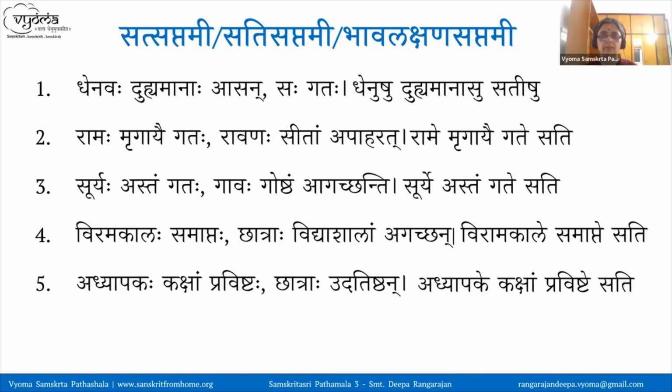Agachan, went to school. Yes. Adhyapakaha kaksham pravishtaha, chatraha udatishtan. When the teacher entered the class, the students stood. Uttishtati, udatishtan. Uttamam. Dhanyavada.